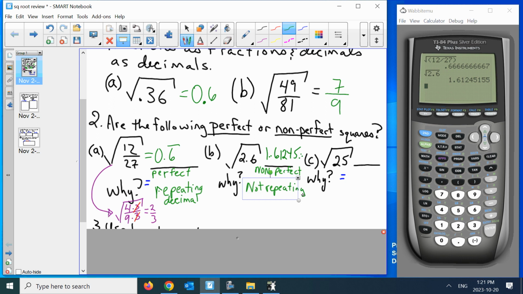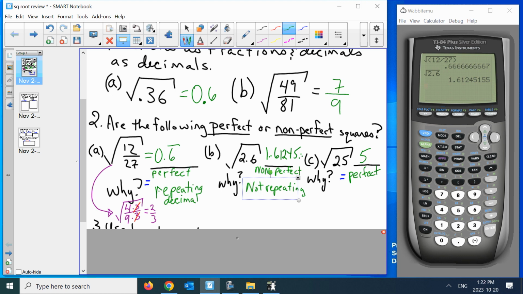I think you could do the last one without a calculator. So this is perfect. Why is it perfect though? The reason I'm going to give a mark for why. In this case, the decimal cuts off.